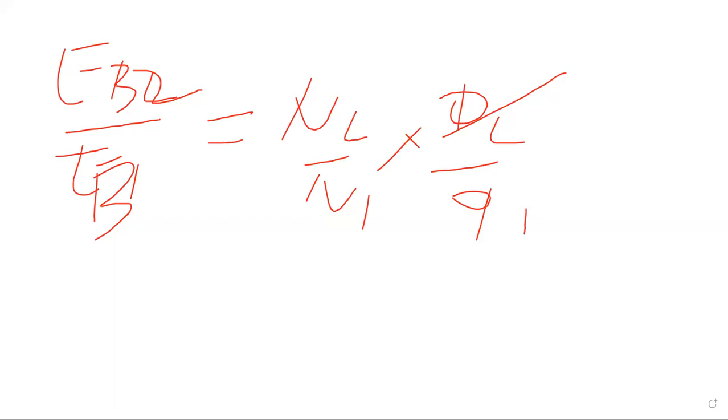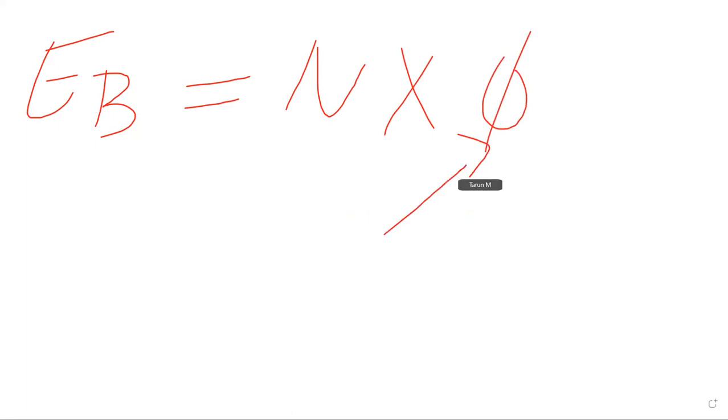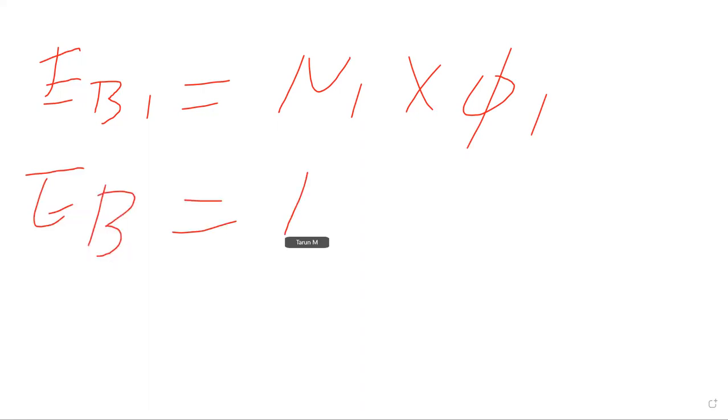So the actual formula for calculating, suppose you want to calculate the rotational speed and you have the back EMF, that is EB equal to N into phi, where phi is the magnetic flux and N is the speed. Now we can write this formula as EB1 equal to N1 into phi 1, and EB2 equal to N2 into phi 2.